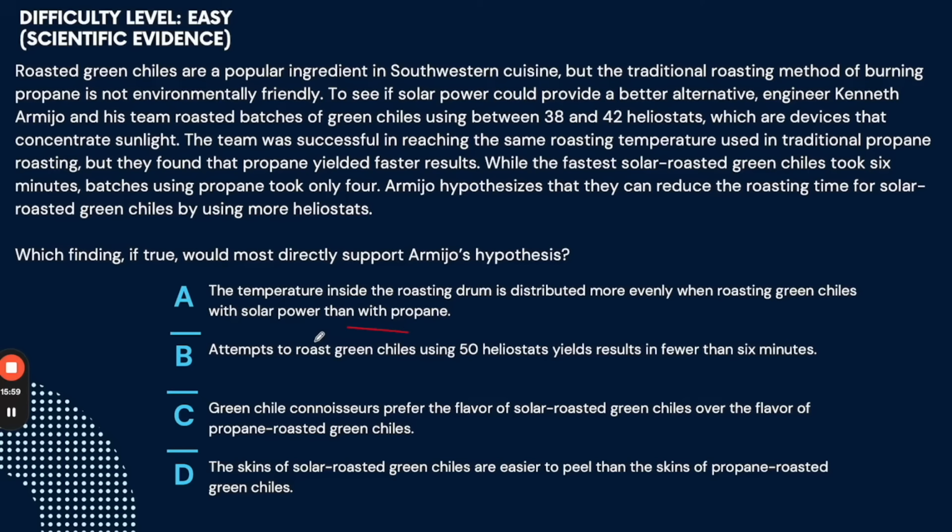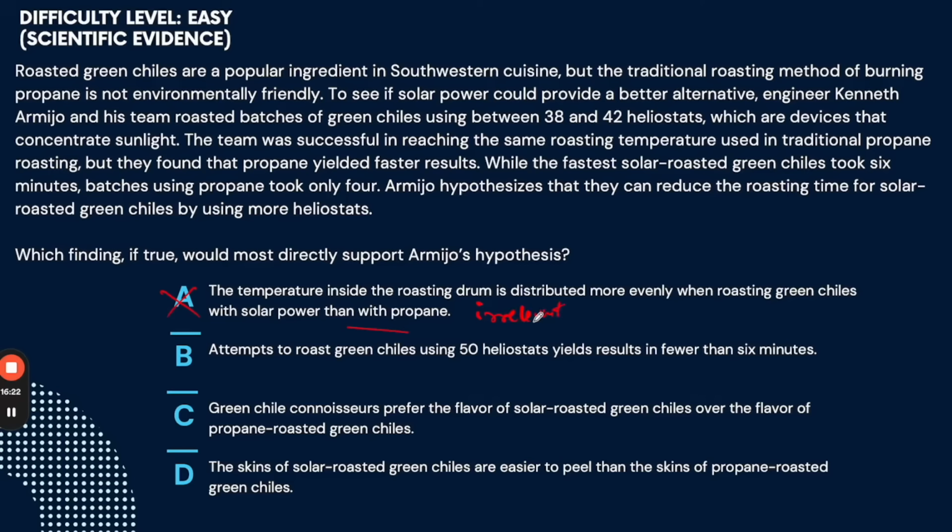But tell me one thing, is the hypothesis even related to it? The hypothesis is about reducing the roasting time if more heliostats are used. It's not about how evenly the temperature is distributed, right? So this option can be eliminated because this is irrelevant. A very common reason to eliminate options for this type.